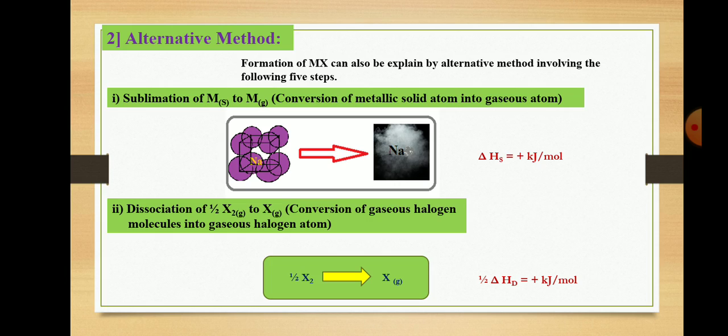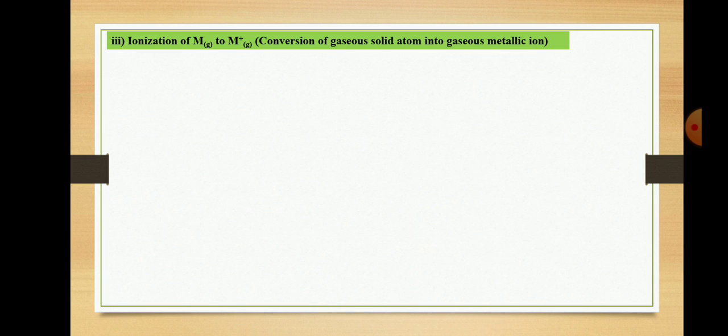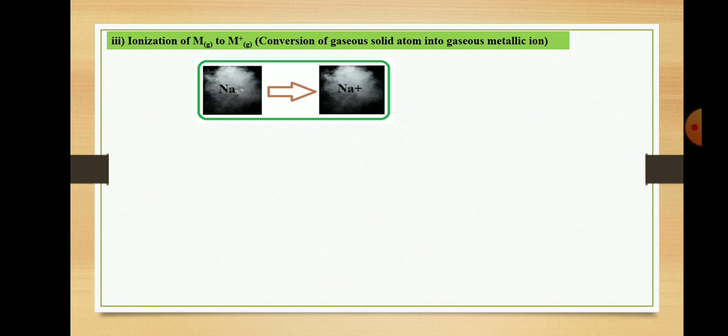Number three, the ionization of metal gas to metal plus gas, that is conversion of gaseous solid atom into gaseous metallic ion. So students, here we have to convert gaseous metal into its cation form in gaseous state.